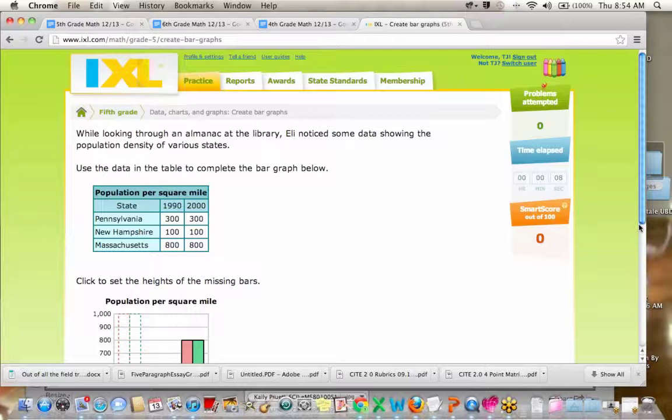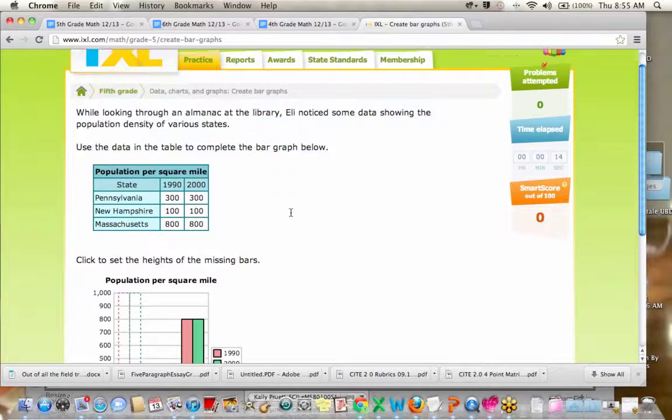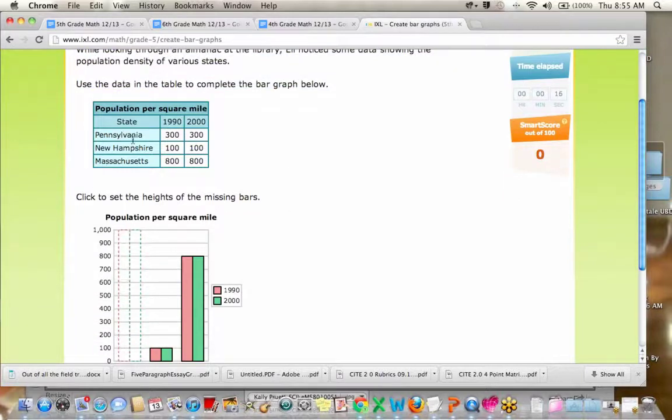Use the data in the table to complete the bar graph below. So here's our table. Pennsylvania in 1990 had 300, I'm guessing probably million people per square mile, or I mean 300 people per square mile. Okay, there we go. And it didn't change in 2000. New Hampshire did not change. Oh, wow. None of these changed.